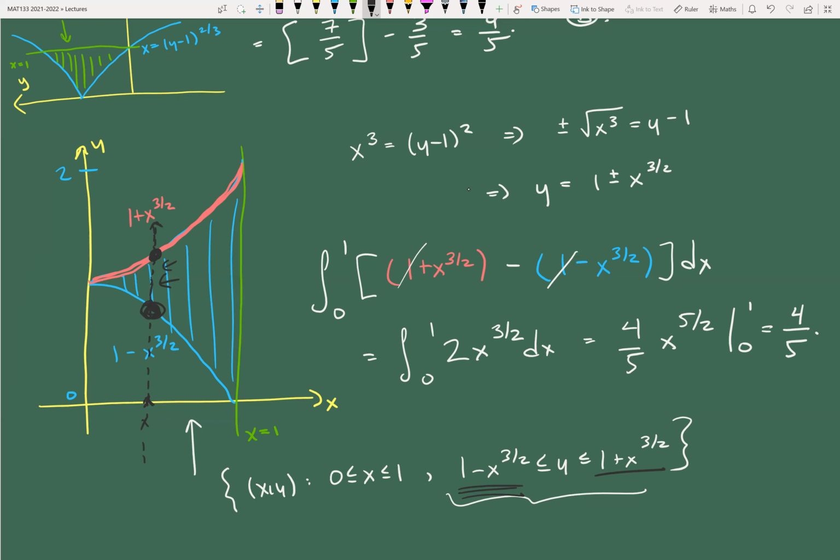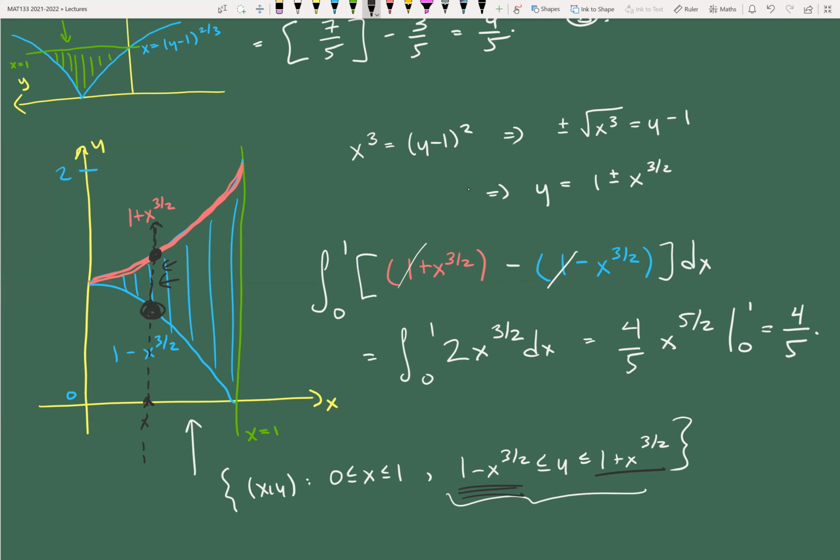Right? So you take a walk along the positive y direction. When you enter your space, that's your lower curve. And when you leave your space, that's your upper curve. And that's how you determine what those bounds are. Right? So it's saying these are the collection of all points x and y, but not just any x and y.